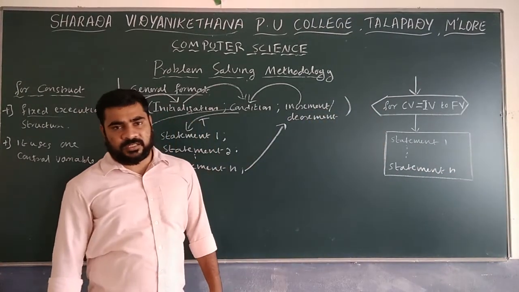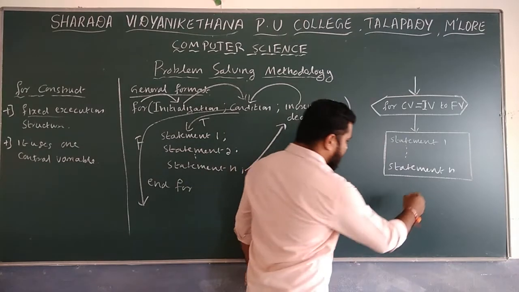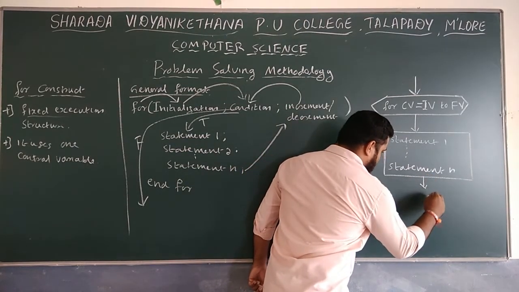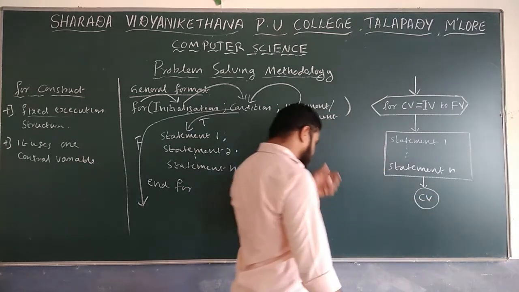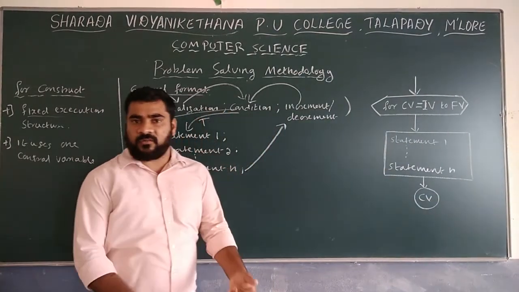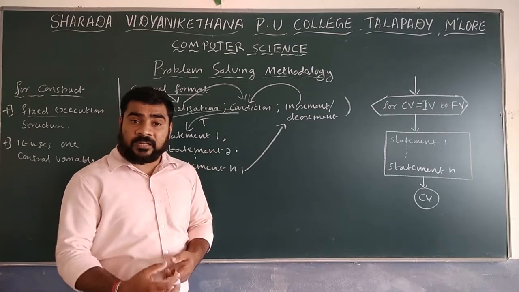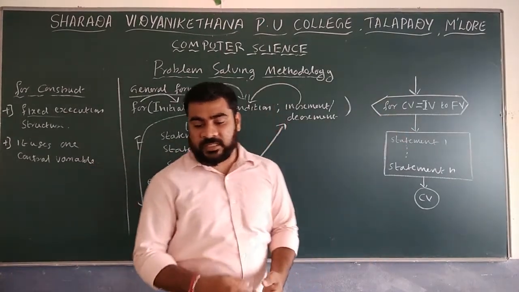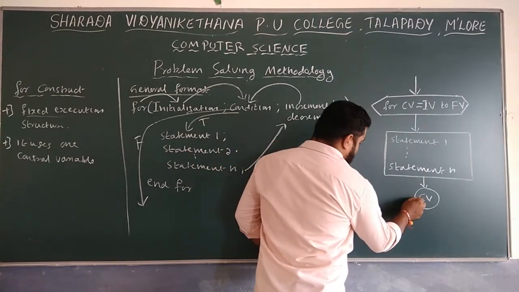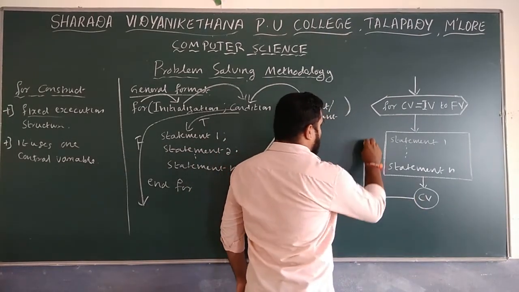After that, inside the circle, I use the control variable. Whenever the control variable is inside the final value, then it is going to connect that.